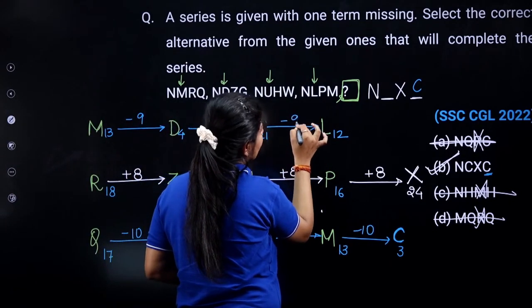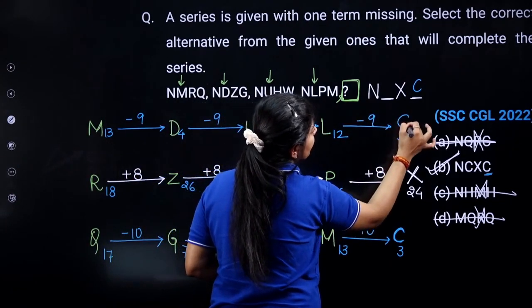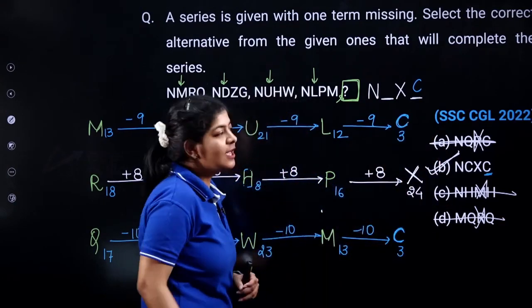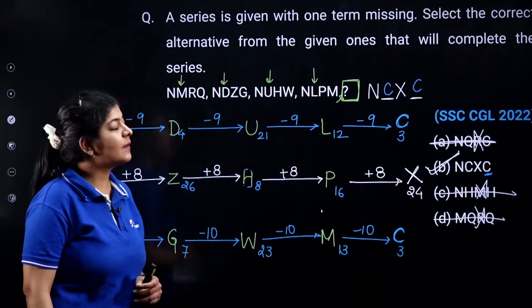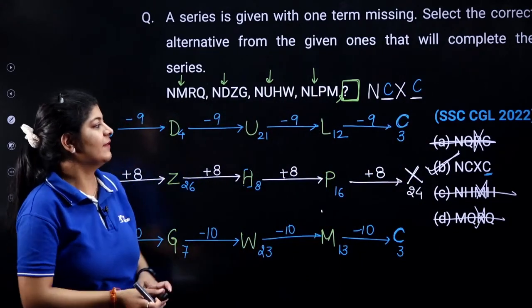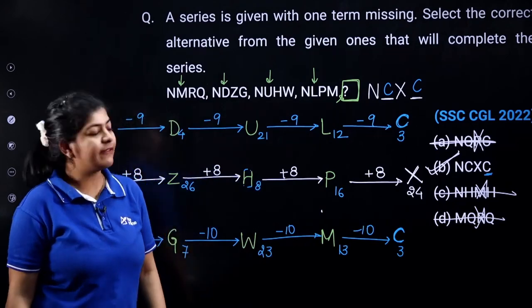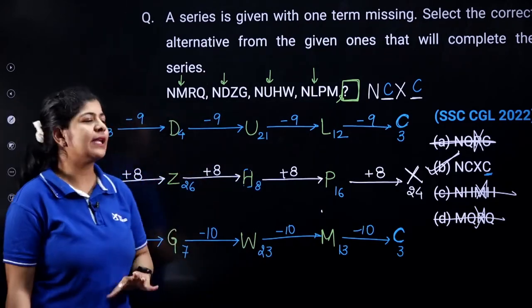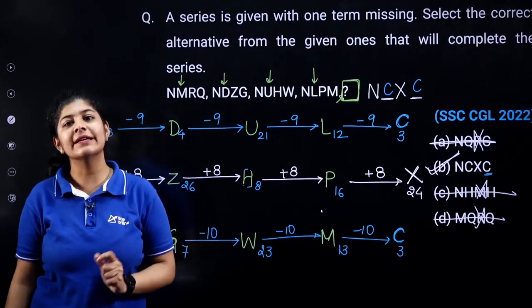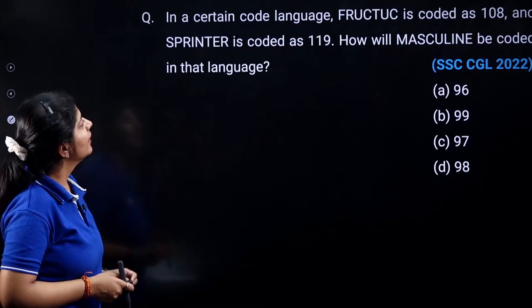Again, minus 9. 12 minus 9, we are getting 3, and 3 is again associated with C. So the cluster we are getting is NCXC, which is given in our option number C. So with the help of one element also we can easily determine the correct answer. Is it clear? Next one.